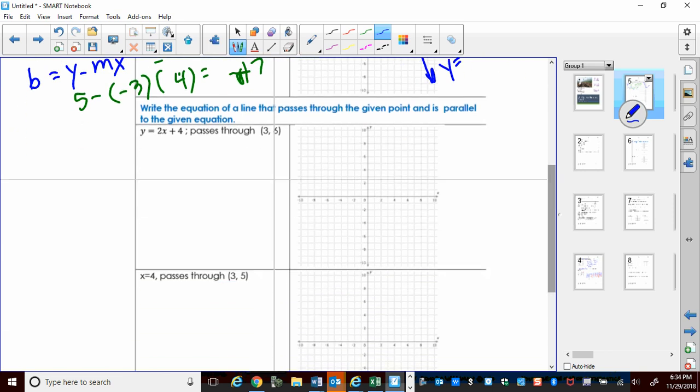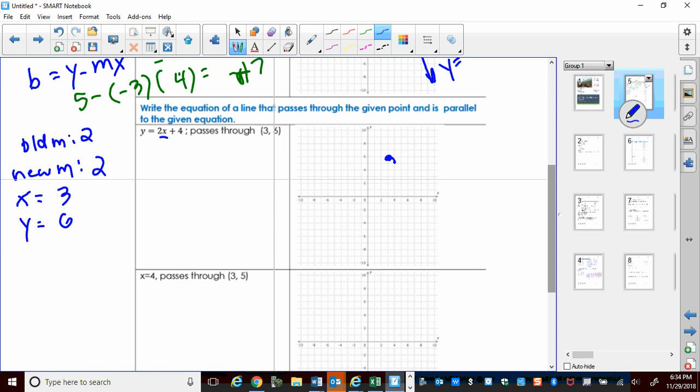Okay. Next one, same setup. We have old slope, or old m, and here it's 2. We have the new slope. They were looking at same slopes here, so it's 2. X and y are 3, 6. And I can go ahead and graph this line. So I'm going to find 3, right 3, up 6. Here's the point.